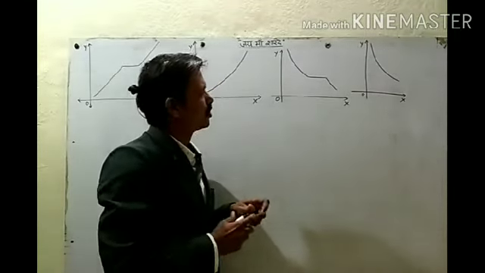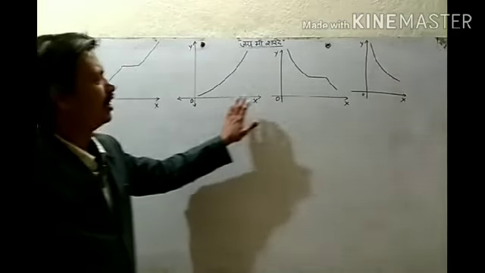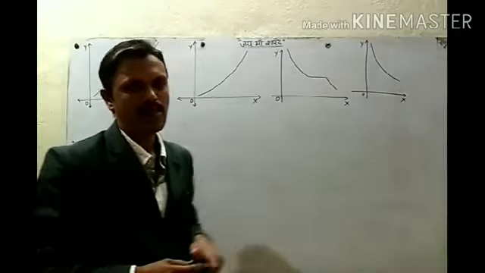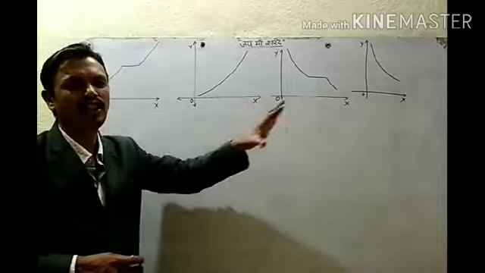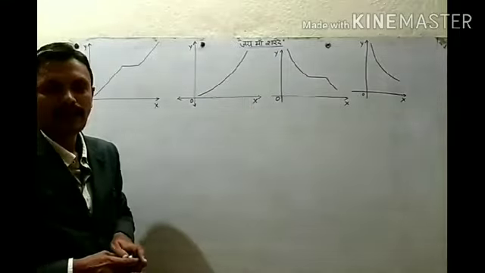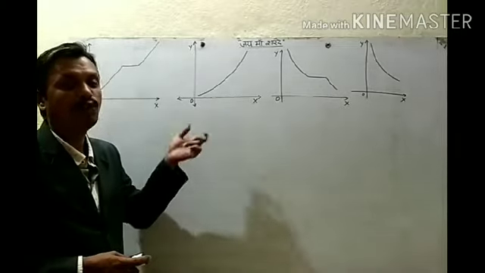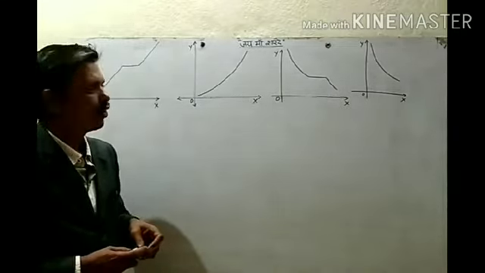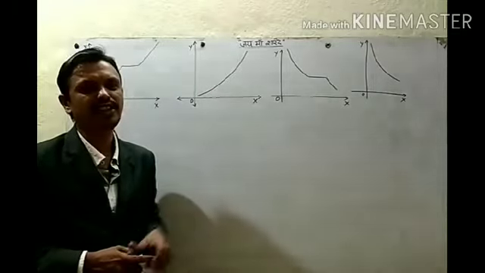Okay, so we have increasing, strictly increasing, decreasing and strictly decreasing functions. From the graph we can identify whether a function is increasing or decreasing, strictly increasing or decreasing. But if a function is given, how do we find whether it is increasing or decreasing? For every function we cannot draw the graph and then check.